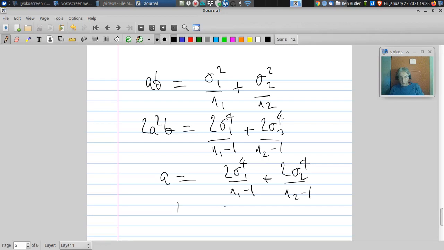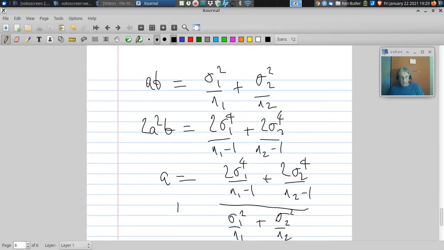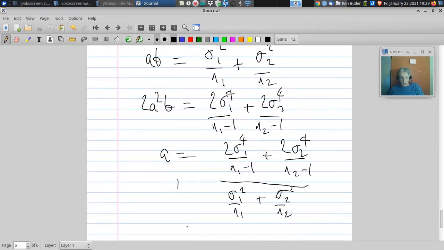And that's divided by the first one. And then the way you can get hold of B is to say, let's take the first one and divide it by A. And now I need a bit of space, so I've got to copy this.